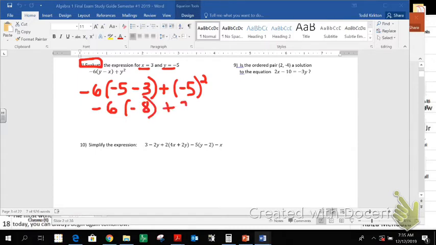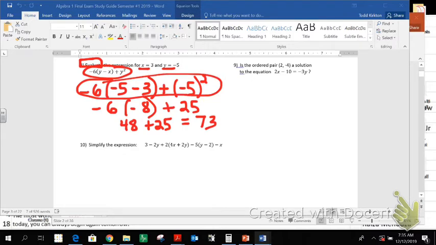Then go ahead and follow your order of operations. Get your parentheses and your exponents all taken care of. So this is 48 plus 25, which is 73. Again, you could put everything in just like this on your Wabbit or your own calculator and get the answer. Just take the time to do it.